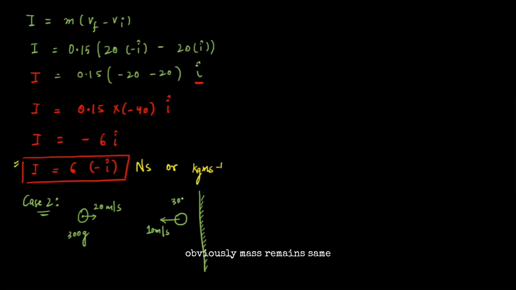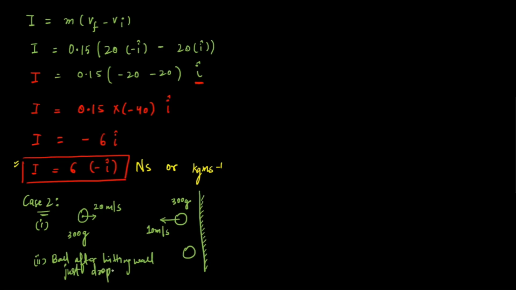Obviously, mass remains the same. This is the first part. In the second part, the ball after hitting the wall just drops dead. So what is the impulse in each case? Think about it and tell me. Solve it well and then tell me the answer.